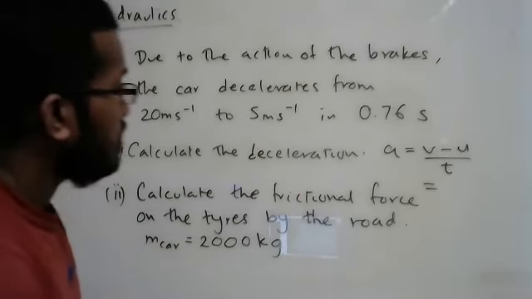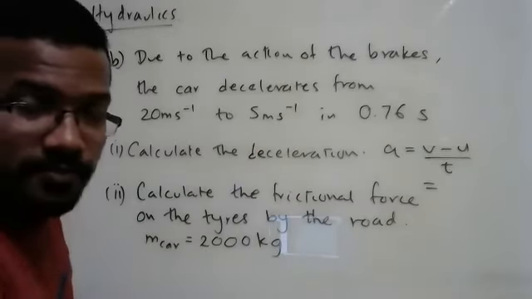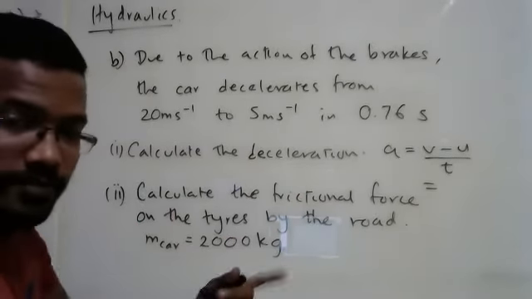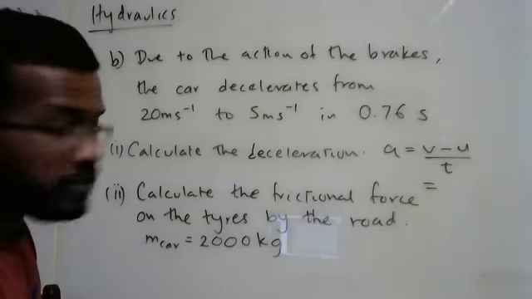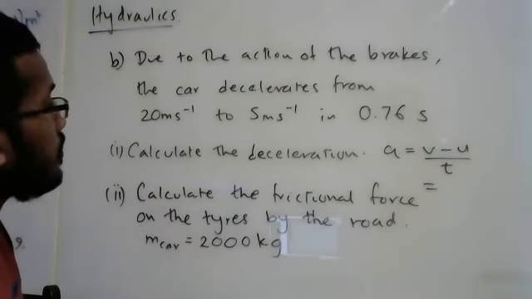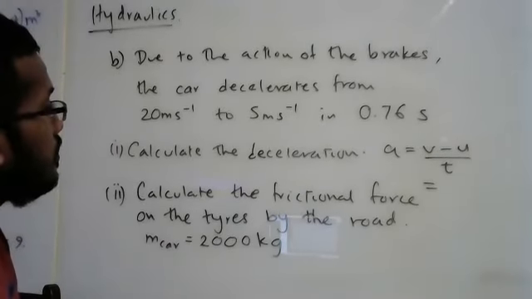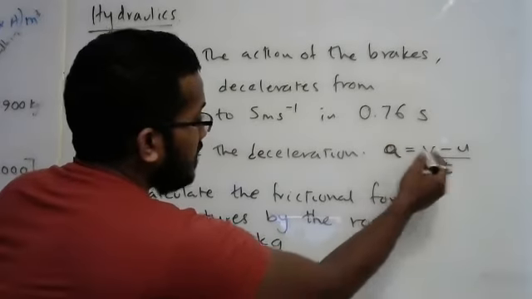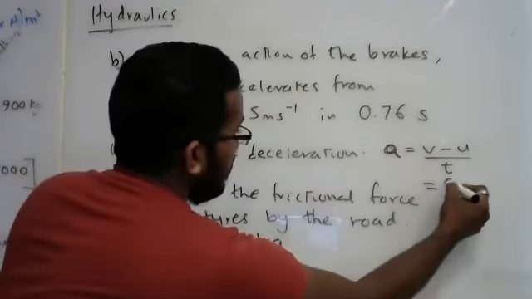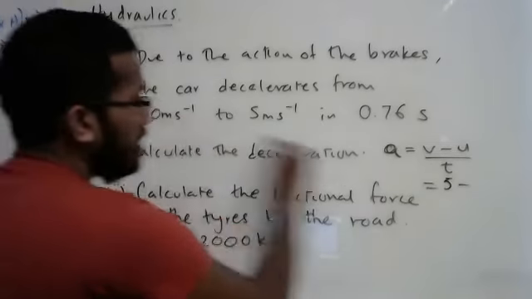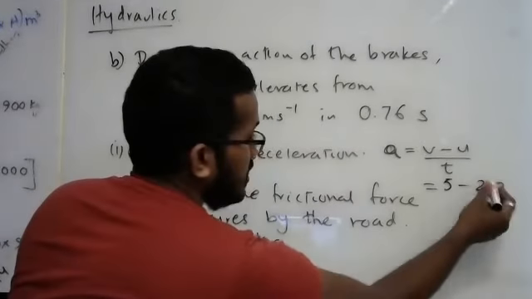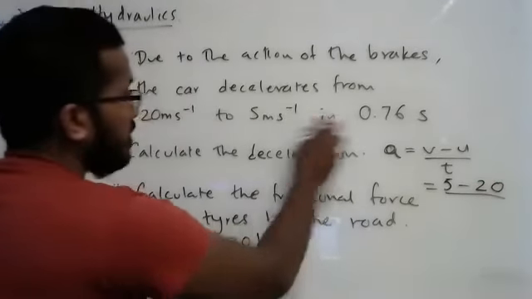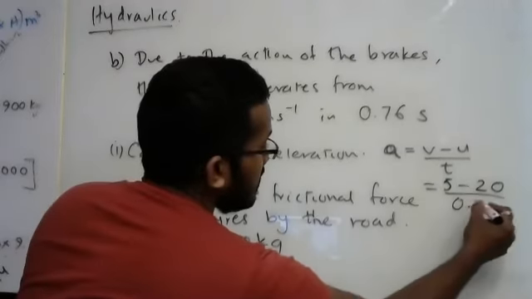Since it's a reduction in speed, whatever value you get, if you get a negative value, when you write the final answer, put positive. Acceleration is final minus initial, so that's 5 meters per second minus 20 meters per second, the change in speed over the time taken, 0.76.